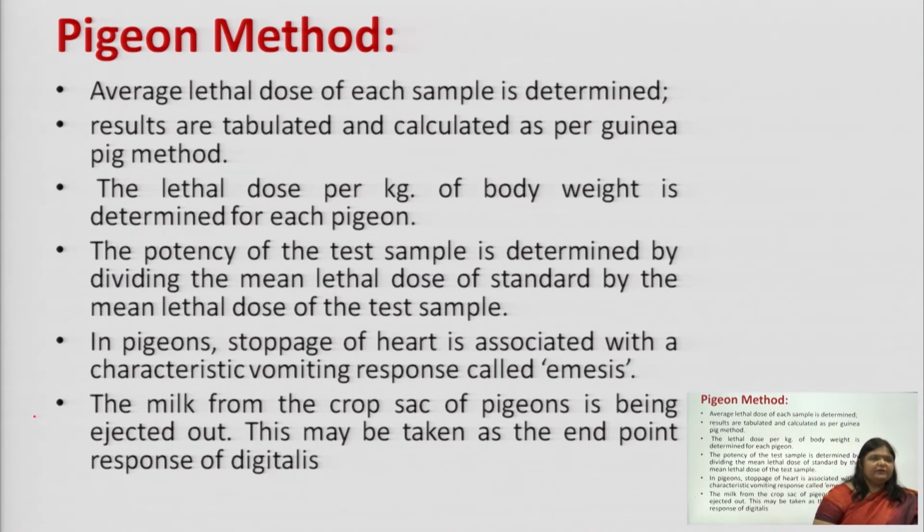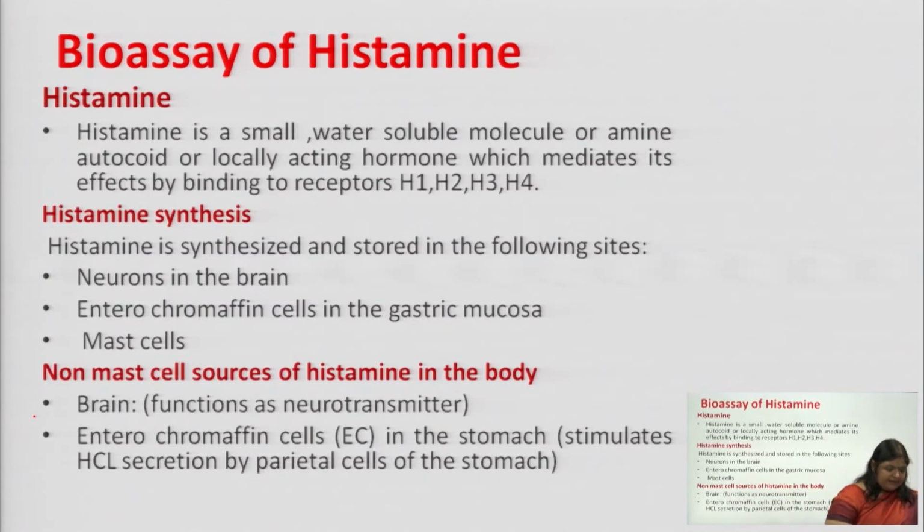In guinea pig, the stoppage of the heart in systole; in cats, stoppage of the heart, and also when the blood pressure falls to 0; and in the pigeon, whenever their heart stops, there is a vomiting response which is called emesis, or milk is ejected from the crop sac, that is taken as a lethal dose, and we can carry out the potency of the test sample in comparison to the standard sample. That is how the bioassay of digitalis is carried out.